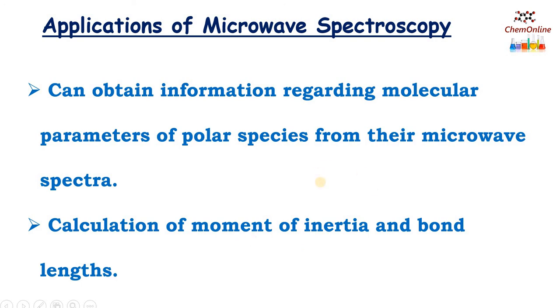That is, we have the rotational constant B, and its value we have seen is h by 8 pi square I c, where I is the moment of inertia. So if we know the rotational constant B from the spectra, then we can calculate the moment of inertia, and from the moment of inertia we can also calculate the bond length. So we can obtain information regarding the moment of inertia and bond length from the microwave spectrum.